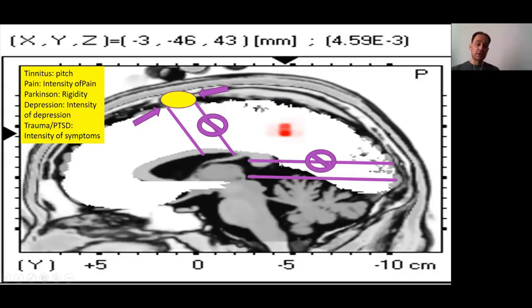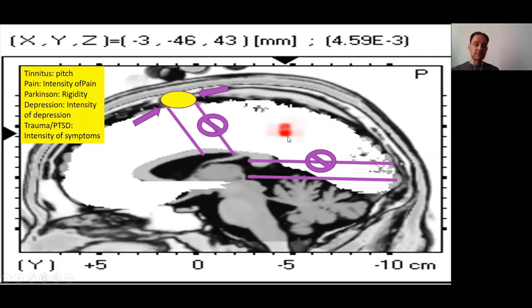So thalamocortical dysrhythmia increases the symptoms of tinnitus. It has to do with the intensity of pain, the intensity of rigidity in Parkinson's disease, the intensity of depression, and I added this up because I believe this is what happens.